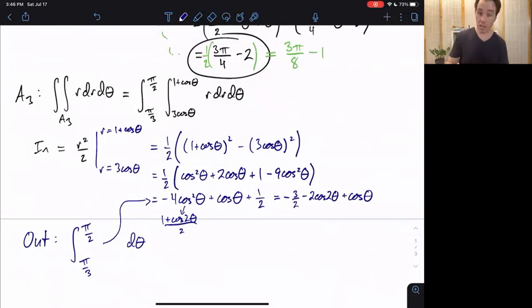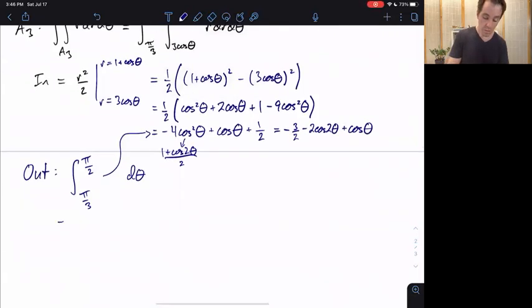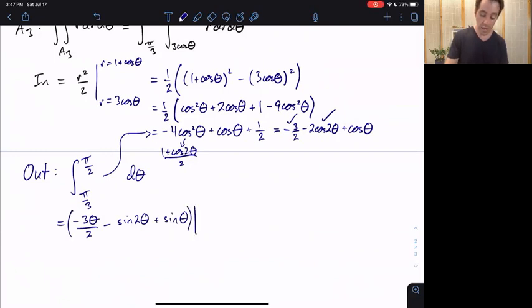Okay, now I'm ready to integrate. So this will be -3 theta over 2, minus 2 sine 2 theta, but then over 2. So that's minus sine 2 theta. Plus cosine theta is plus sine theta. And this whole thing is going to get evaluated at theta equals pi over 3 up to pi over 2.